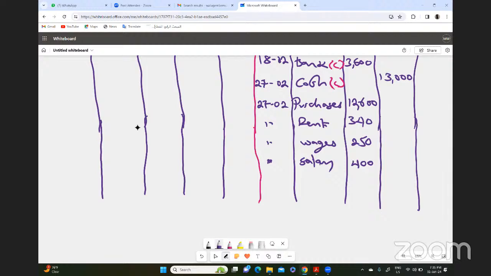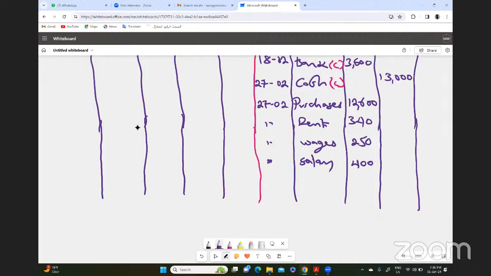Now, balancing off the ledger, you have to look at the left-hand side and the right-hand side. Ascertain which side has the greatest amount and which side has the least amount. Now, those two sides must balance. Are we together? So the side that has the least amount will have a balance, which is the difference between the two.